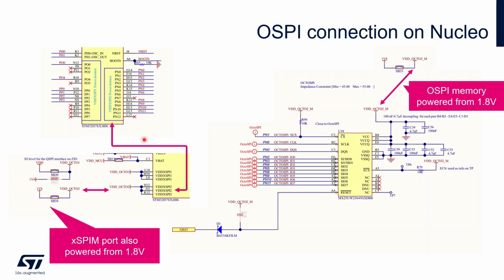On the STM32 side, it is connected to the port belonging to the Octo SPI peripheral, and this port is also powered from 1.8 volt, but the rest of the STM32 is powered from 3.3. So for these dedicated pins, I can have a separate voltage domain running on a different voltage than the rest of the microcontroller.